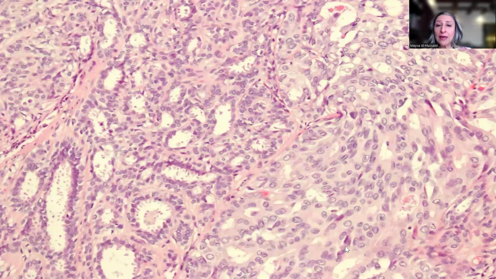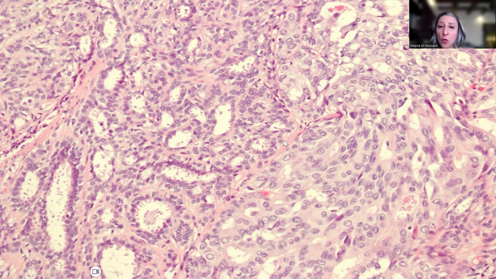Now, to zoom in a little bit, this is the benign component where we have the epithelium surrounded by the myoepithelial cells, and then you can see the contrast. This is the part where there is only ductal carcinoma in situ, in which the proliferation within the ducts is composed only of the malignant epithelial component.